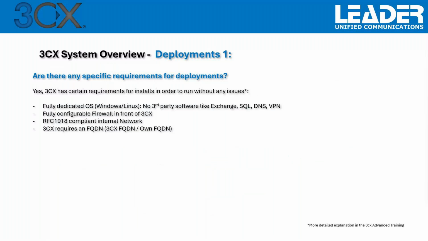Now, there are some specific requirements for deployments. More detailed explanation on that will be in the 3CX Advanced training, where we look deeper into on-prem or self-hosted installs. We have to have a fully dedicated operating system, so Windows, Linux, no third-party software like Exchange, SQL, DNS, or VPN installed on that machine.